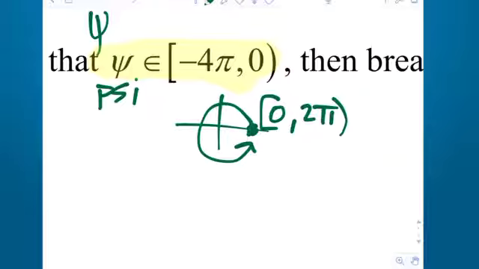Then all I have to do is modify those by adding or subtracting full rotations to get the ones I want. All right? So think about where negative 4 pi to 0 is. That's how many rotations clockwise? 2, right? So negative 2 pi would be one negative rotation. Another one would be negative 4 pi. So I want 2 negative rotations up to 0 and not including these. So that'll kind of inform what we do with our solutions once we find them from 0 to 2 pi.